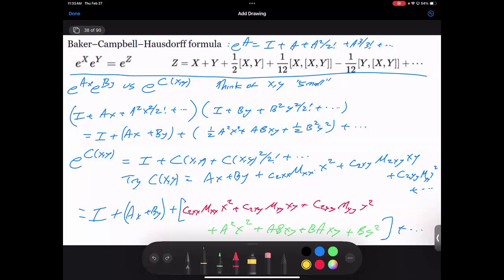So if I want the x squared terms to be the same, is there going to be a way to choose this over here to make the x squared terms work out? Oh wait a minute. I have a typo over here in the green. I forgot that there was a 2 factorial. Oh no, this, right.